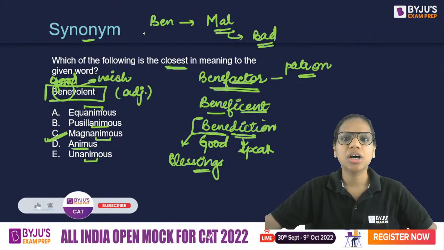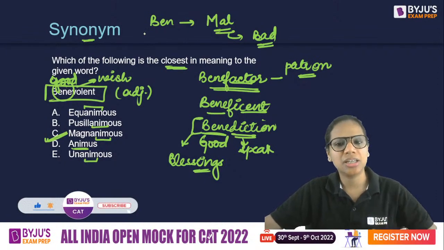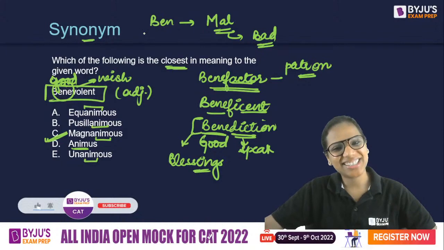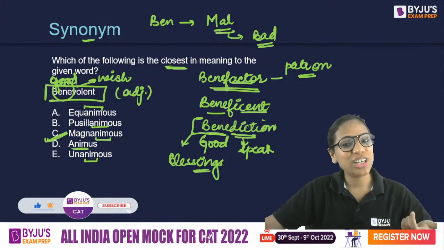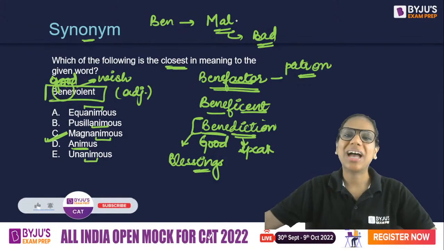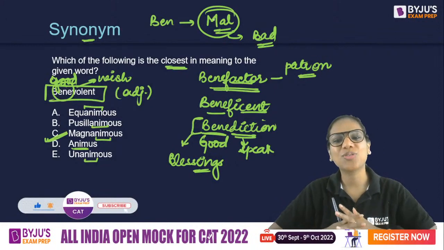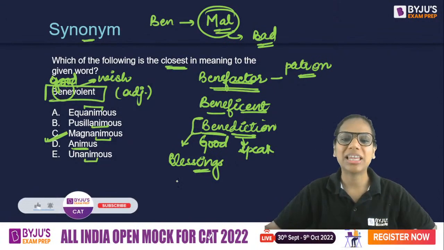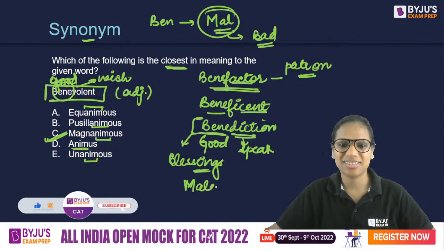Okay, so benign, malign. Benefactor, malefactor. Beneficent, maleficent. Benediction, malediction. Okay, benevolent, malevolent. So mal means bad. Okay, so we have all these words as opposites. So malediction is a curse. Malediction is a curse.